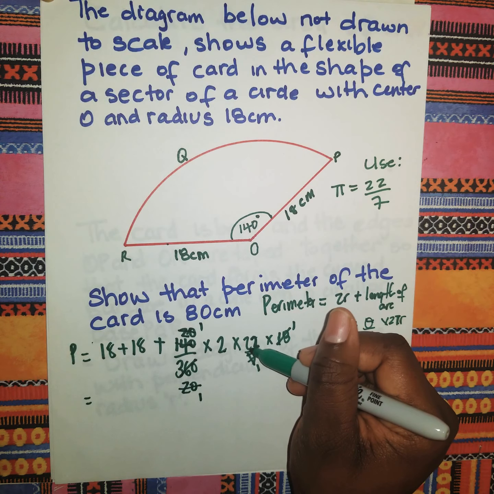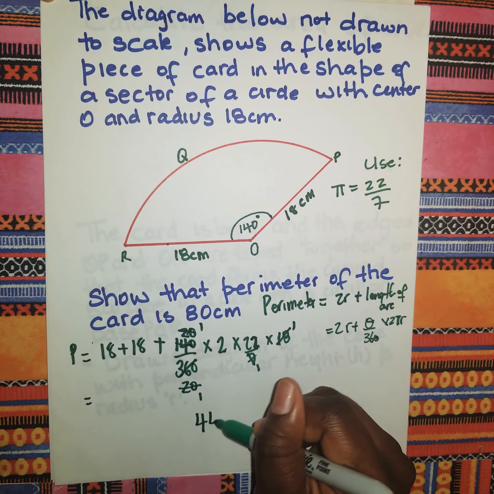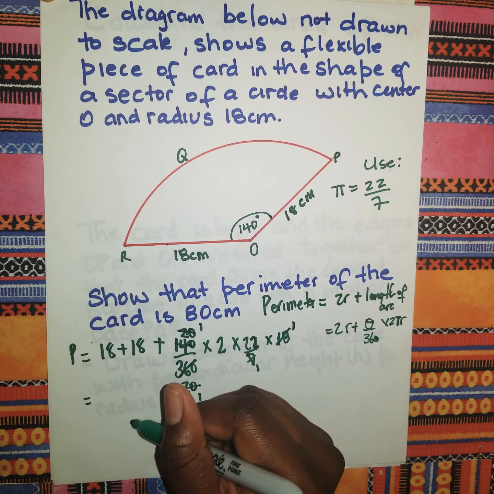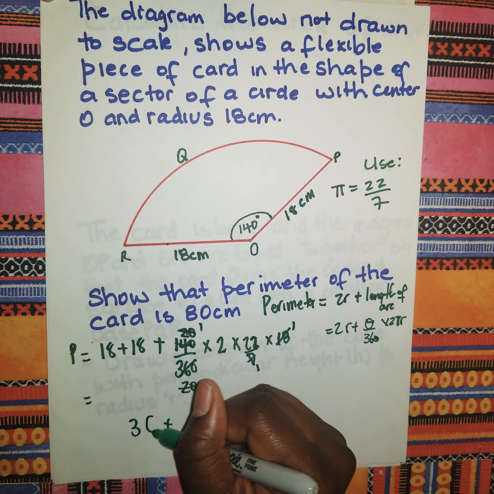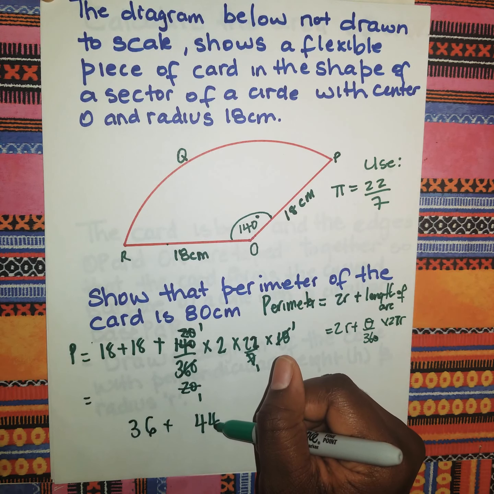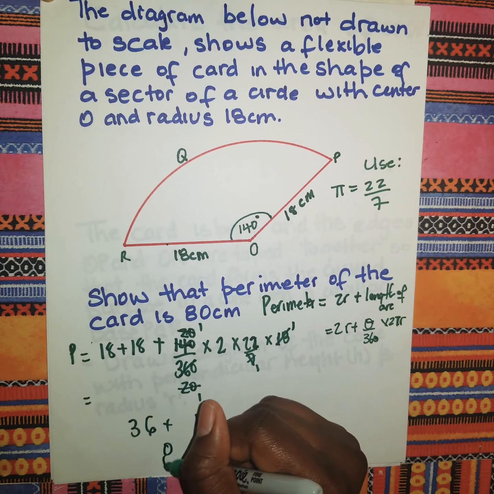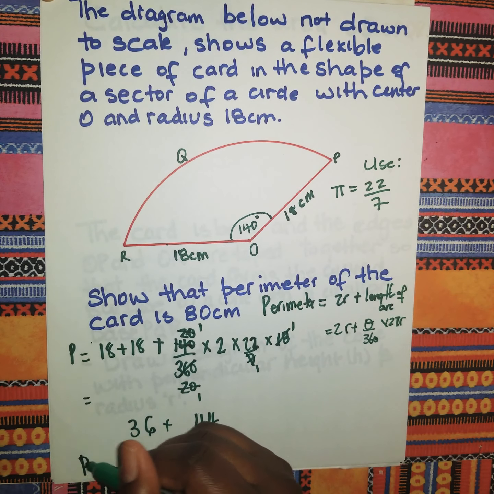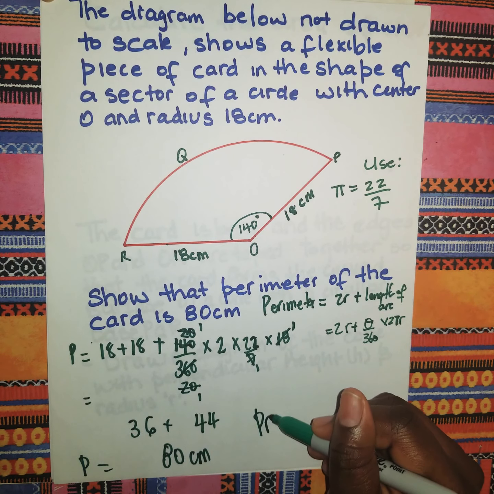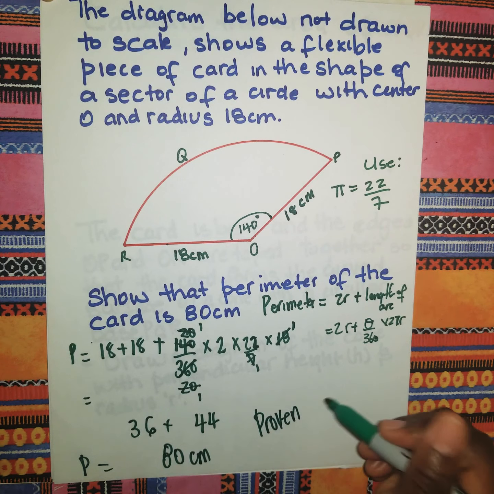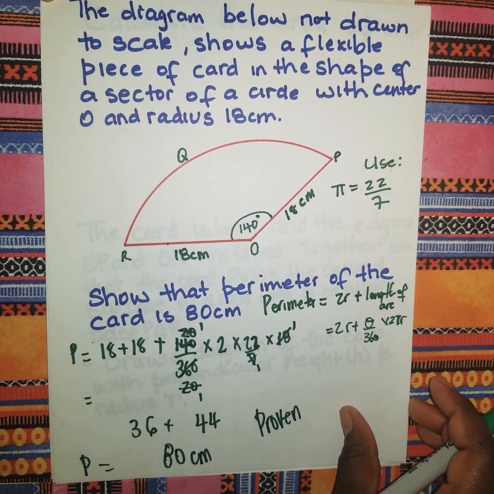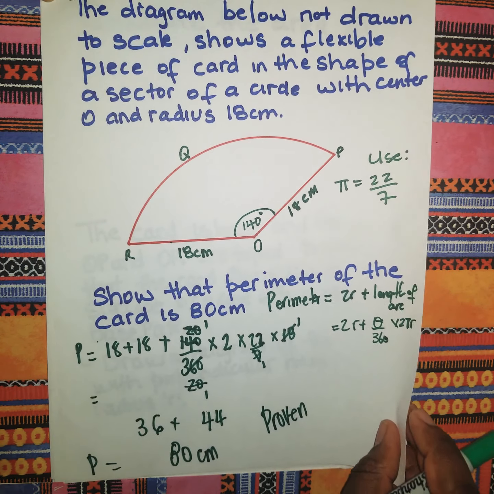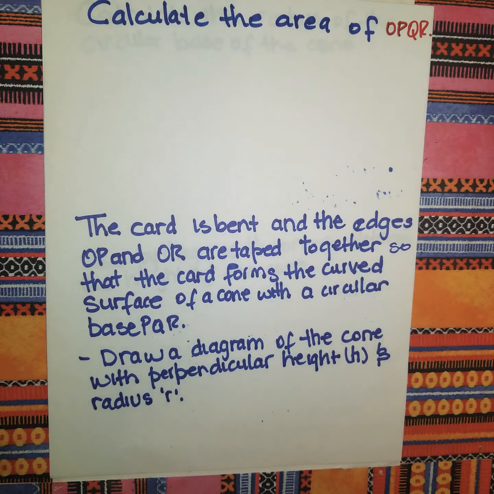So 2 times 22 is 44. 18 plus 18 is 36. 36 plus 44 is 80 centimeter. And that's our perimeter. So this is proven. Alright, guys, I hope you understand it so far. Let's go to the next question.